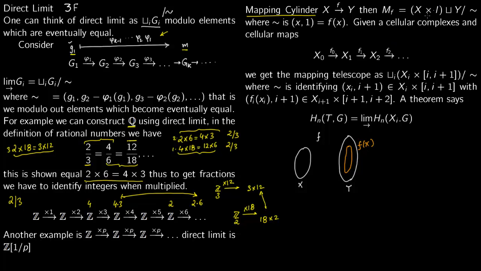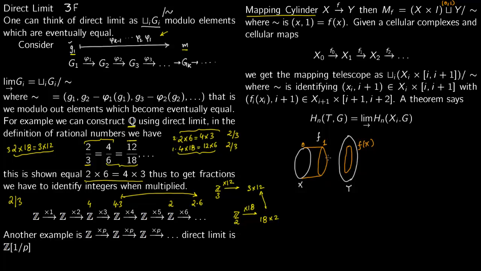So the mapping cylinder is, you take X and then you take the product with the interval I, which is 0 to 1. So let us make the mapping cylinder out of it. So this end is 0 and this end is 1.